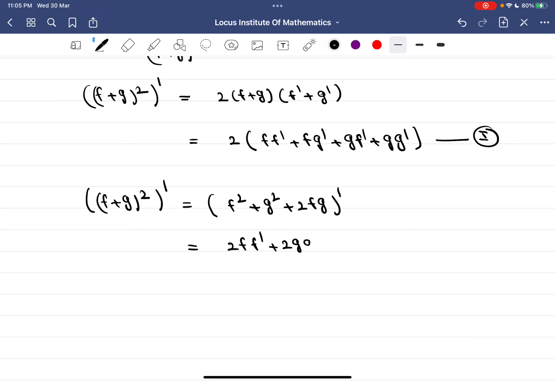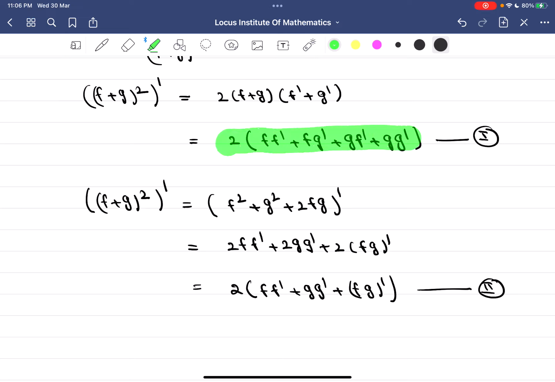Similarly 2gg' plus 2(fg)'. So this is equal to, if you take 2 common, 2 times (ff' plus gg' plus (fg)'). Give this number 2.